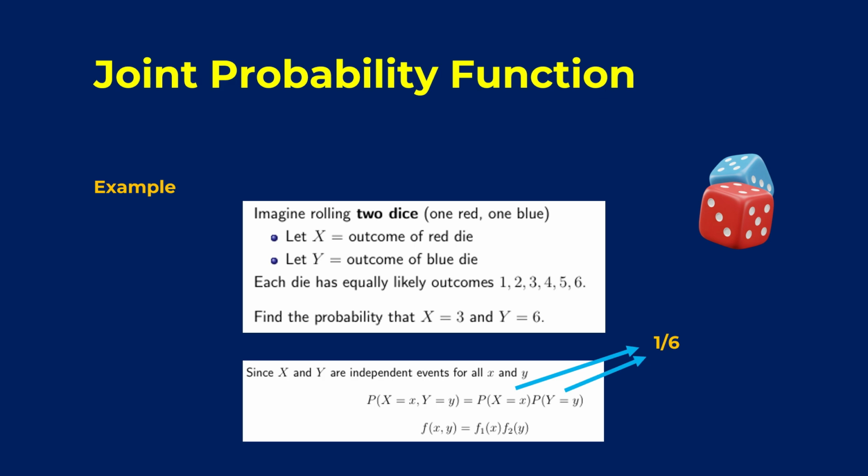Now if we multiply, we get the answer: for all values of x and y, the joint probability is 1 by 36. Since it is true for all values of x and y, the probability that x is equal to 3 and y is equal to 6 is also 1 by 36. So this is how you solve the joint probability function problem for a discrete case.